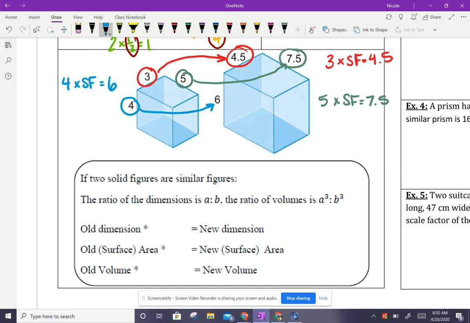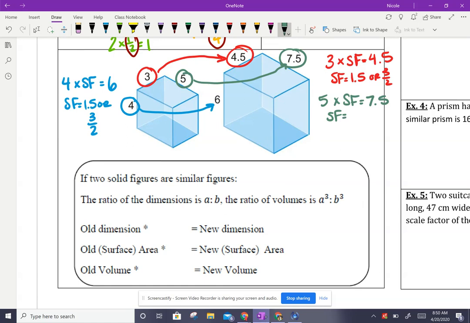So I'm going to use my calculator, see if I can find that scale factor. 6 divided by 4. So that scale factor is 1.5 or 3 over 2. 4.5 divided by 3 again gives me the same scale factor of 1.5 or 3 over 2. And 7.5 divided by 5 also gives us the same scale factor.